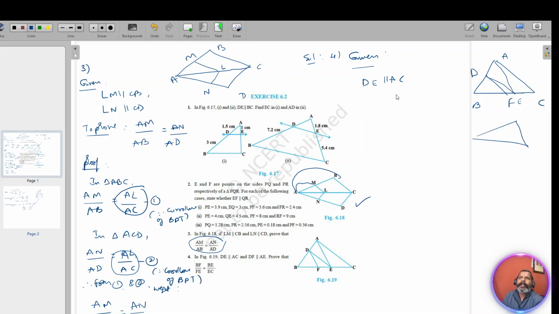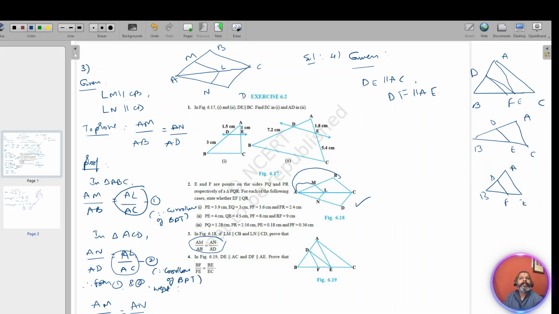When DE parallel to AC means, what is the figure here? It is B. This is A, C, D, E. This much you should visualize. Okay. Then what is given? DF parallel to AE. When DF parallel to AE means what you have to observe is, see, B, D, F parallel to AE.